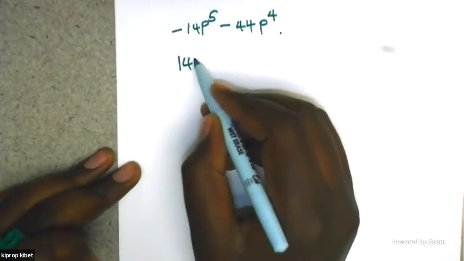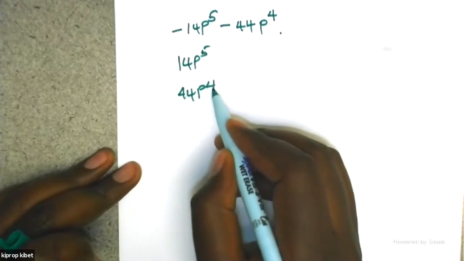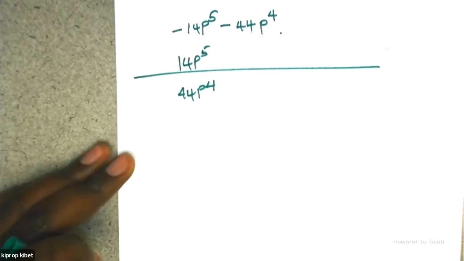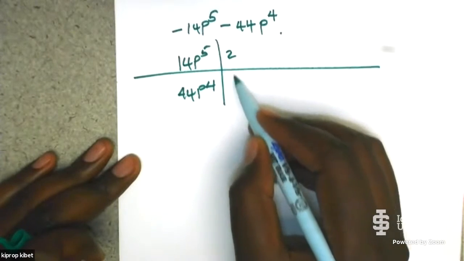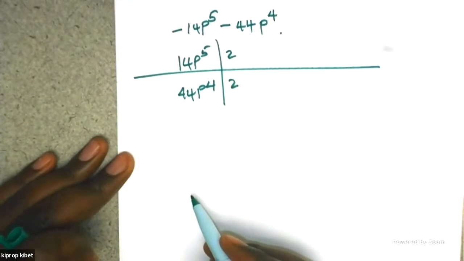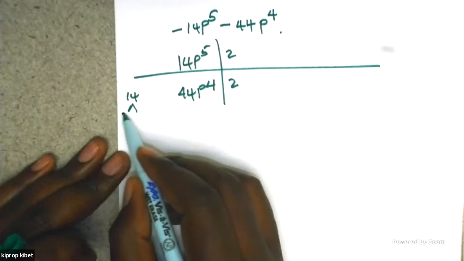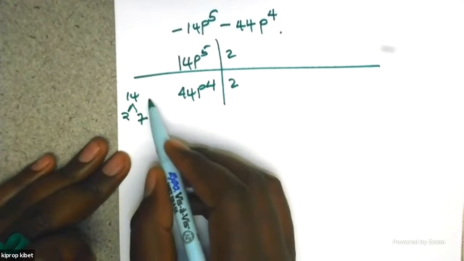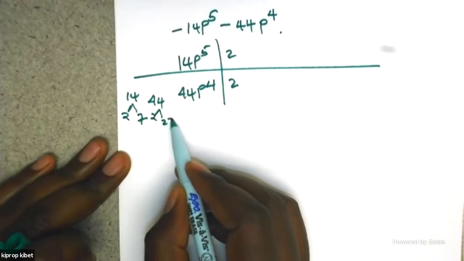So you take 14p raised to 5 and 44p raised to 4. Then we look for the greatest common factor. So we have 2 in each one of them. 14 is 2 times what? 7. 44 is 2 times what? 22.